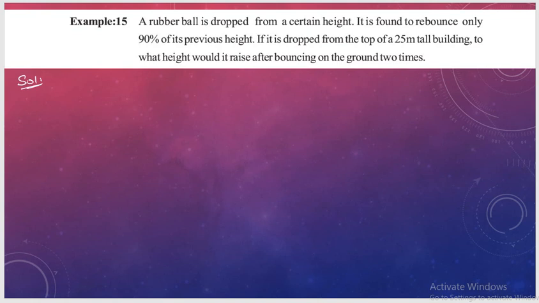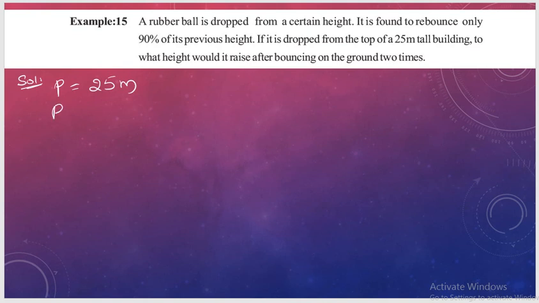So whenever you have a rate in a question, automatically we need to go with this compound interest formula, right? So here what is the principal? Directly I can take it as 25 meters, the height of the tall building, because that is the first position from where we are dropping the ball, right?